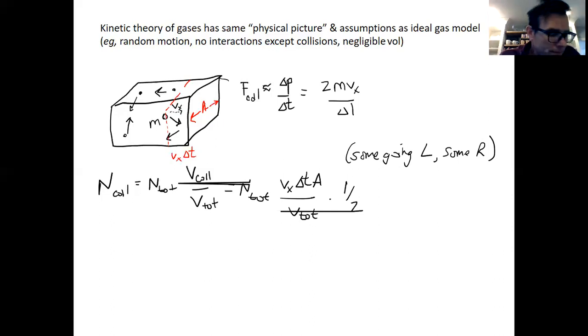At this point, I can multiply these two quantities. So if I want the force total, I'm going to take the force of one collision times the number of collisions.